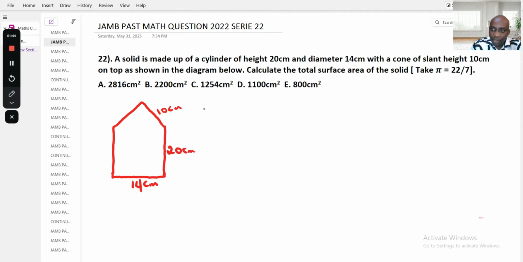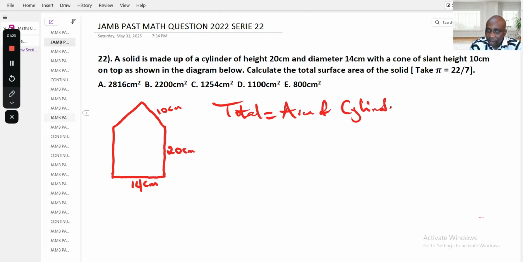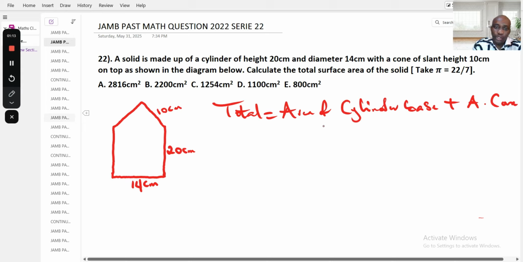Therefore, the formula we are going to use is the total surface area. We are going to use the surface area of the cylinder base and the area of a cone. The total area of the cylinder base plus the area of the cone. This is the formula we are going to use because we have two different shapes here.